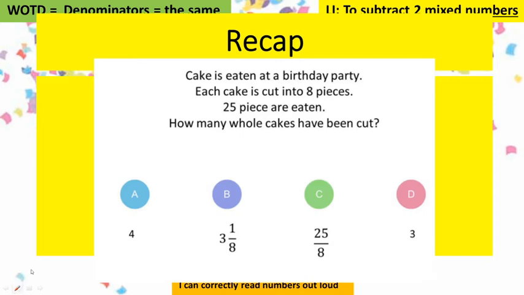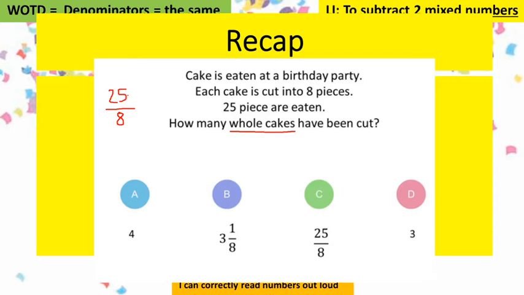Okay, so let's work through this because we're looking for how many whole cakes have been cut. So we have 25 pieces that are cut into 8, so that would be it as an improper fraction.